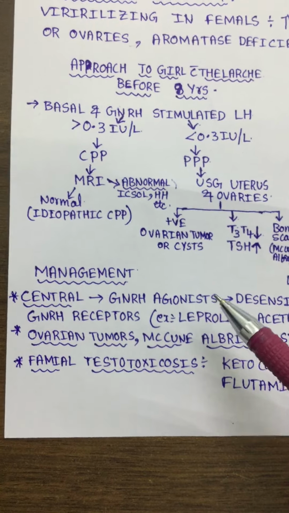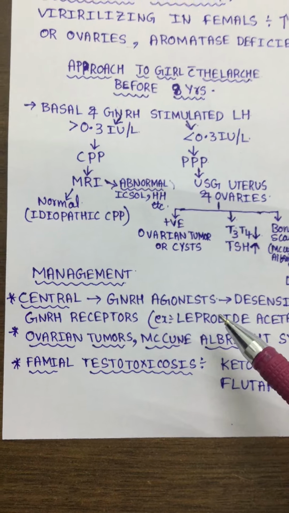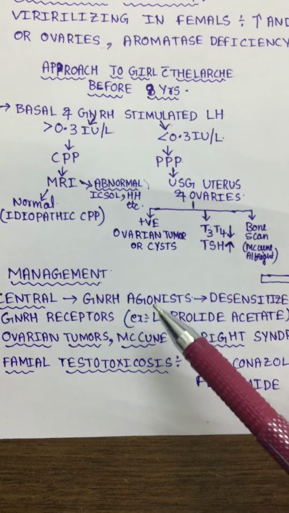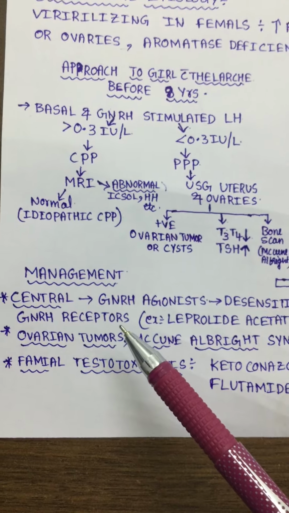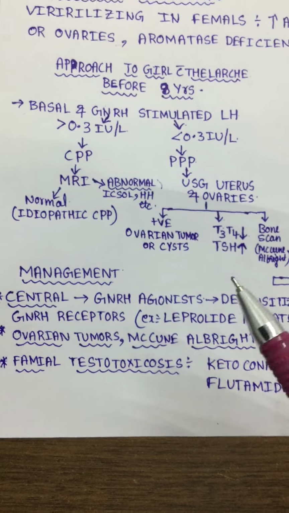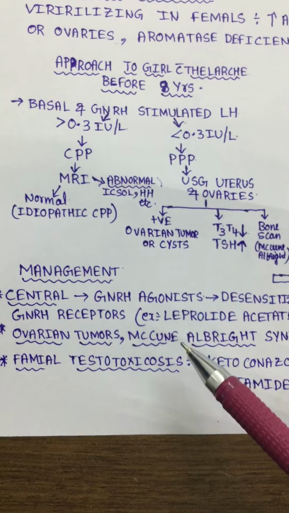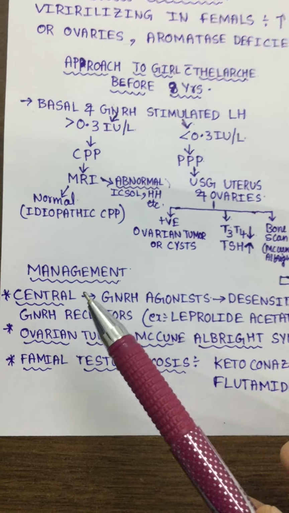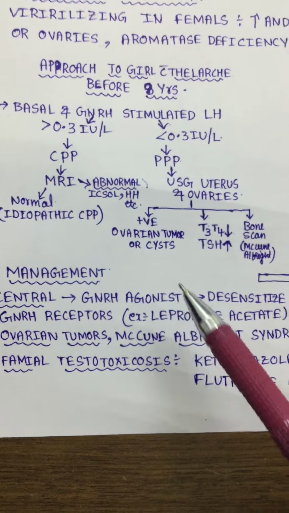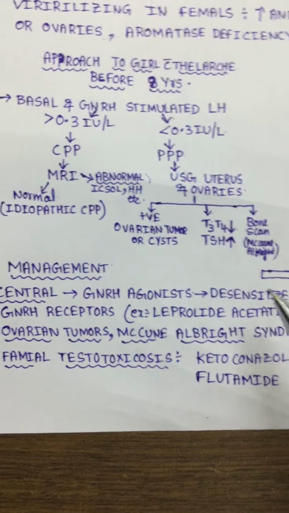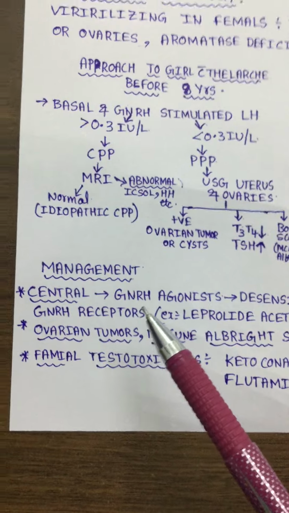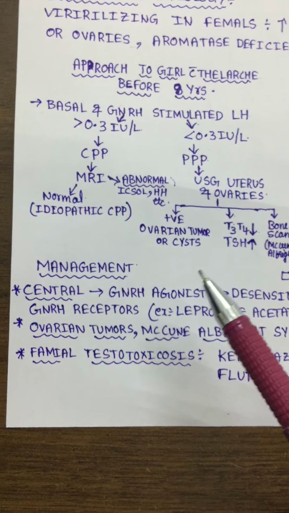By external provision of GnRH agonists, they desensitize the GnRH receptors, so GnRH activity will be reduced and it will help the children, because in central precocious puberty the GnRH activity is very high. The exogenous supplementation of GnRH agonists like leuprolide acetate will desensitize the GnRH receptors and reduce the action of GnRH.